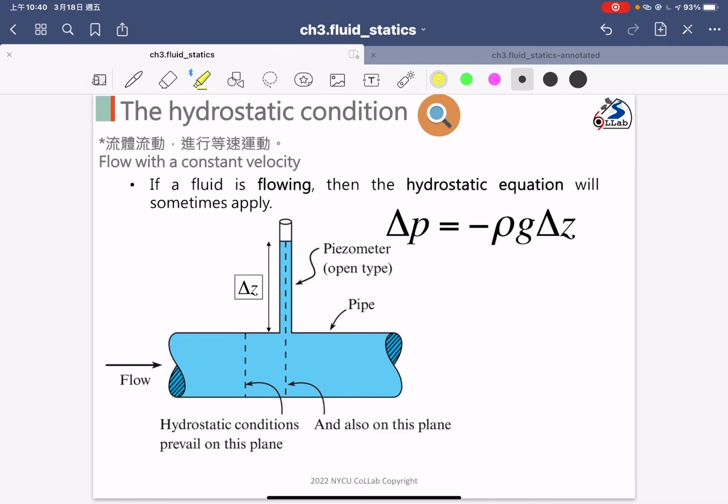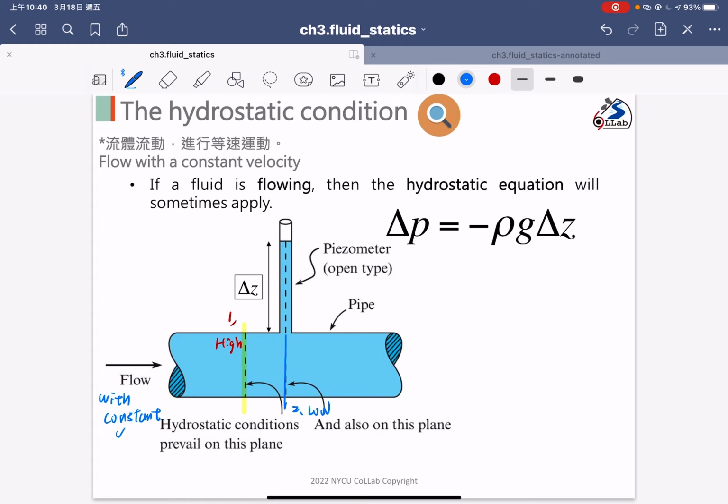Maybe we have a cross section here with a higher pressure, point 1. Then we have another cross section, point 2, with a lower pressure. So the flow has a constant velocity.